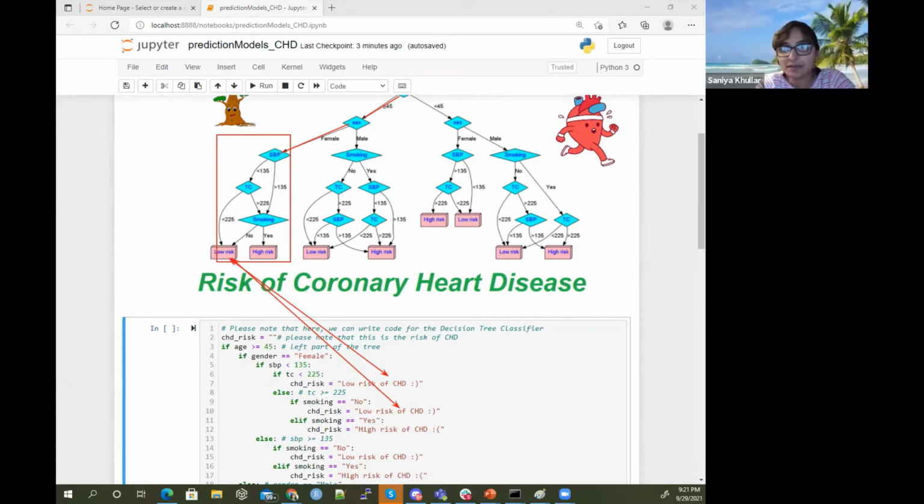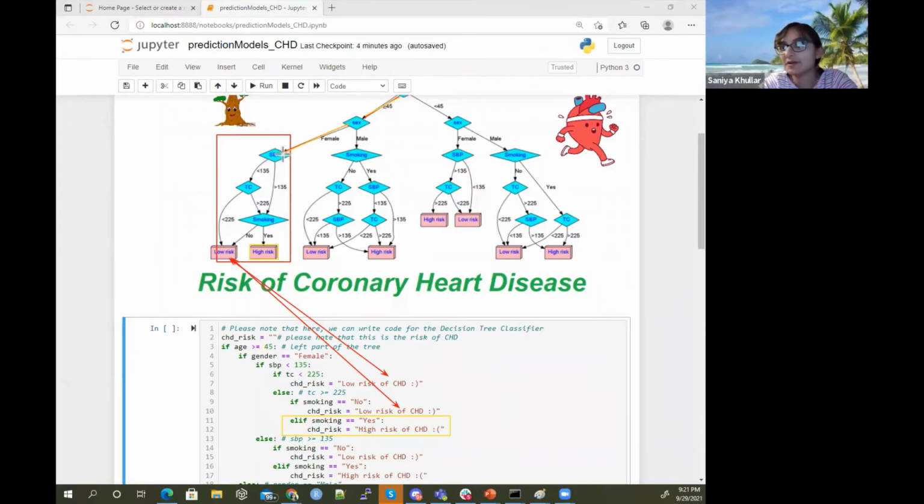So what this part here is, and I'll also trace this out just to cement the idea: smoking is yes, CHD risk is high. So what this is coming from is essentially coming down here. I should have used different colors, but this is coming from here, female.